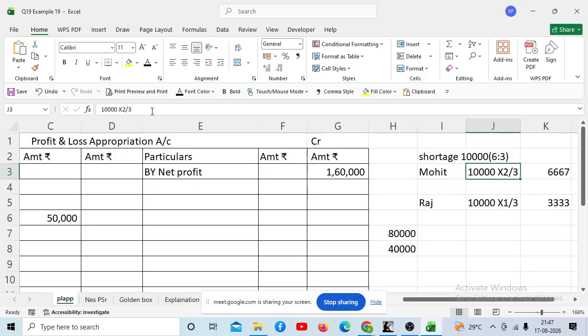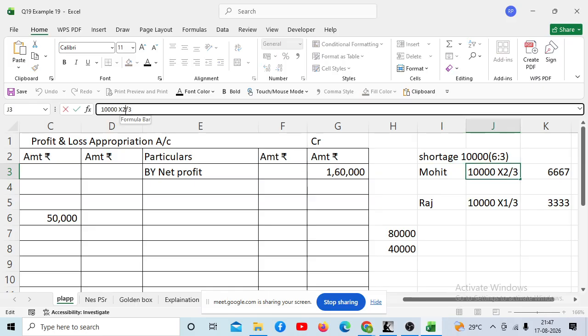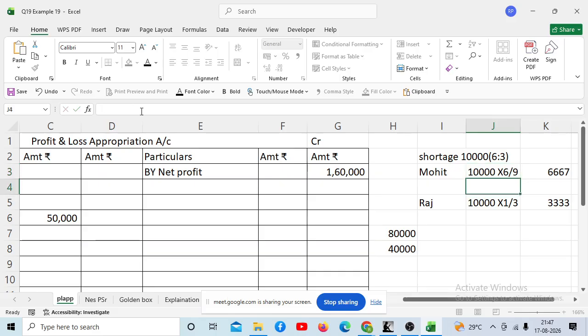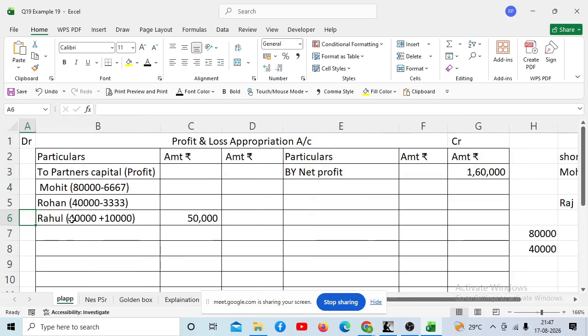So what will be Mohit's share? It will be 10,000 into 6 upon 9, right? Yes. And who is the second partner? Rohan.